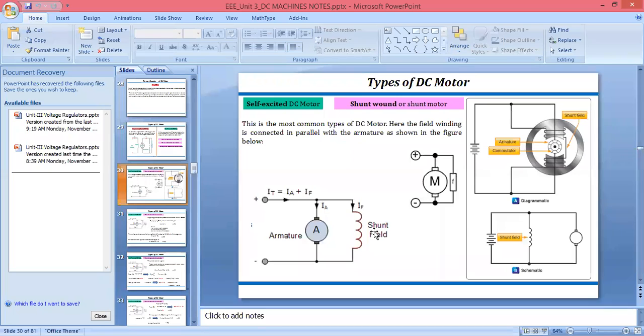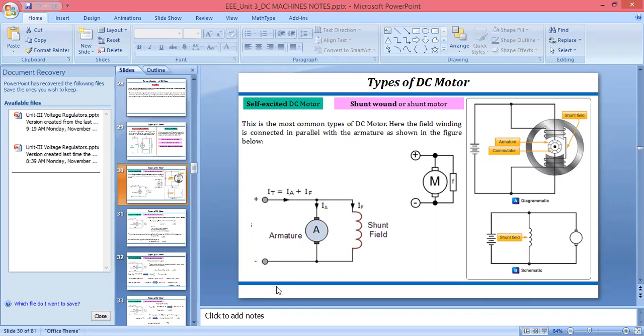So this is the basic circuit diagram, or the schematic diagram, of how it will look. Here, the armature will be connected in parallel with the field winding.